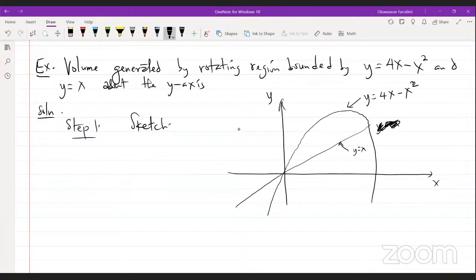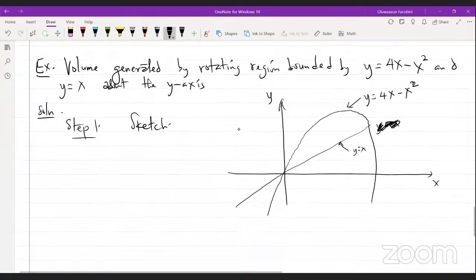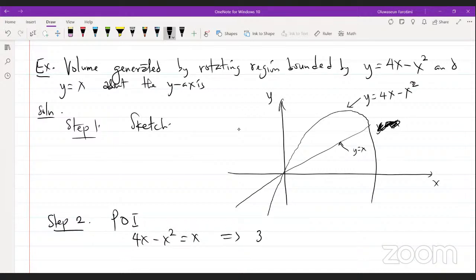All right, so what do I do, guys? Let's go to step 2. We're going to come back to step 1 shortly. Step 2, I find my point of intersection, POI. How do I do that? I set the equations equal to each other. So 4x minus x squared equals x, which means 3x minus x squared equals 0.